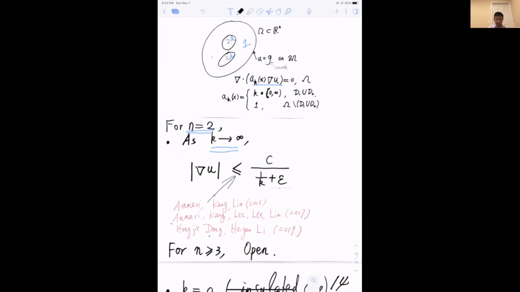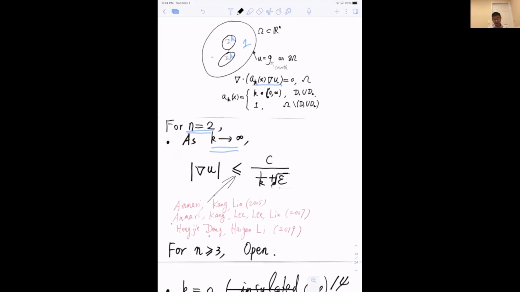And if k is infinity, I wrote this rate wrong. I think it should be square root. I have to check, so I have to match that.